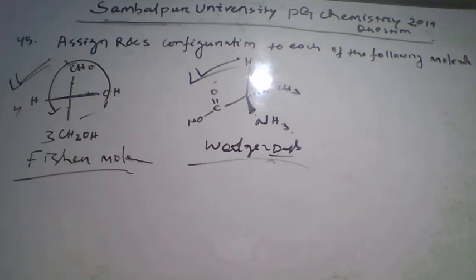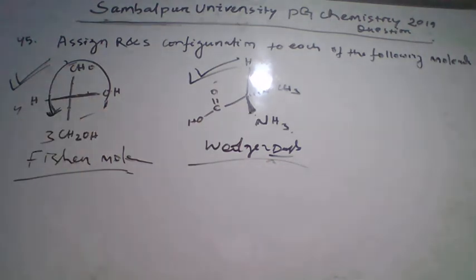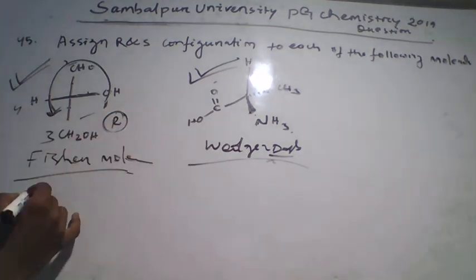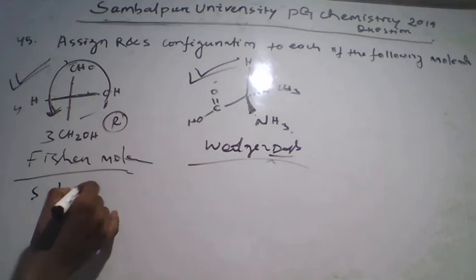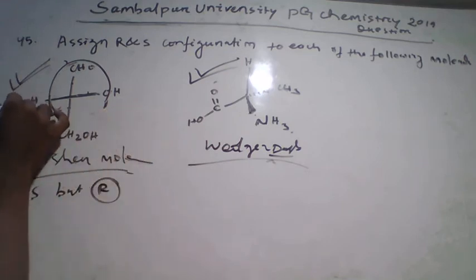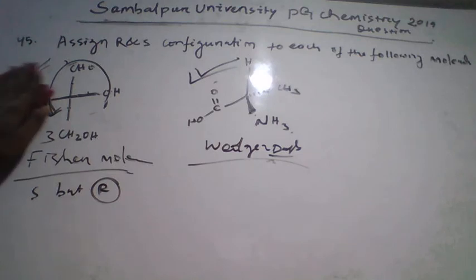The arrow is in anti-clockwise direction, and the fourth priority is in the horizontal plane. Okay, and the arrow is in anti-clockwise direction. The configuration will be R configuration. Because the lowest priority is in the horizontal plane. Okay, for the Fischer it is done.